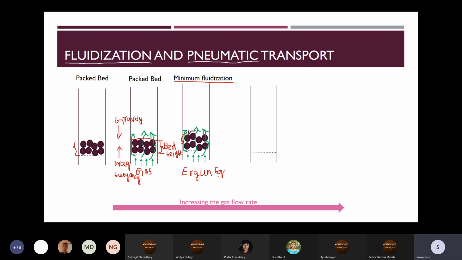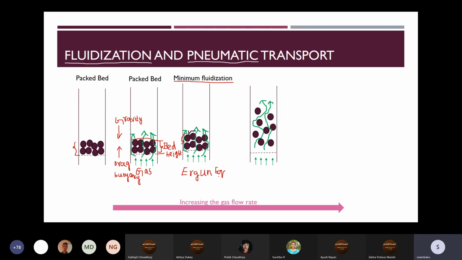Now, if I increase the velocity of the fluid higher than the minimum fluidization velocity, what you will observe is that the particles move to a little more height.